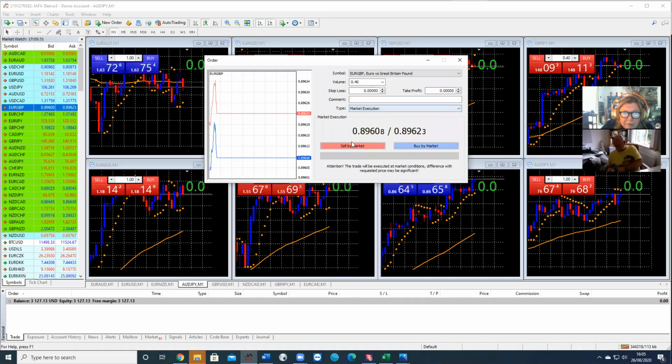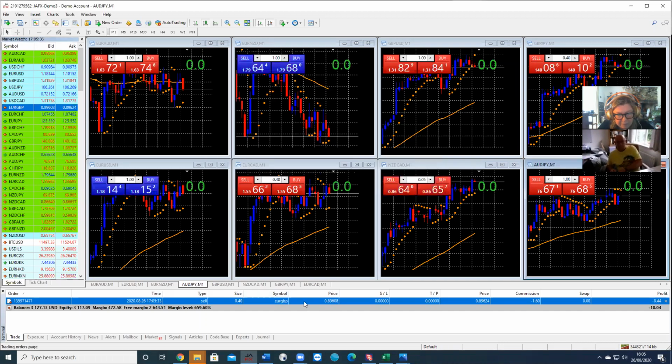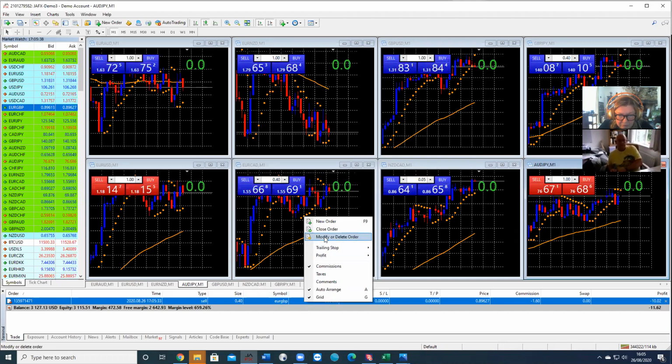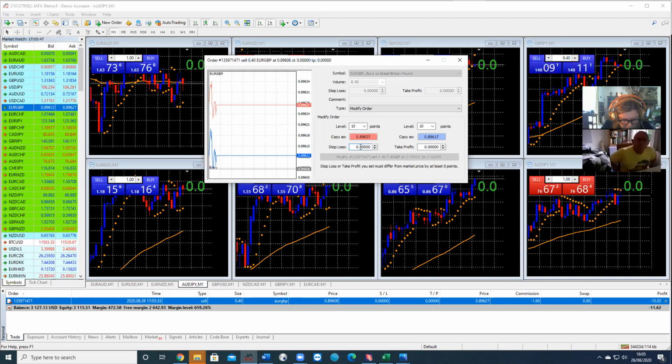Leave it on that. And modify. I always do market execution and then put the stop loss in. So you want it 0.89608, so 0.89708 is 10 pips.